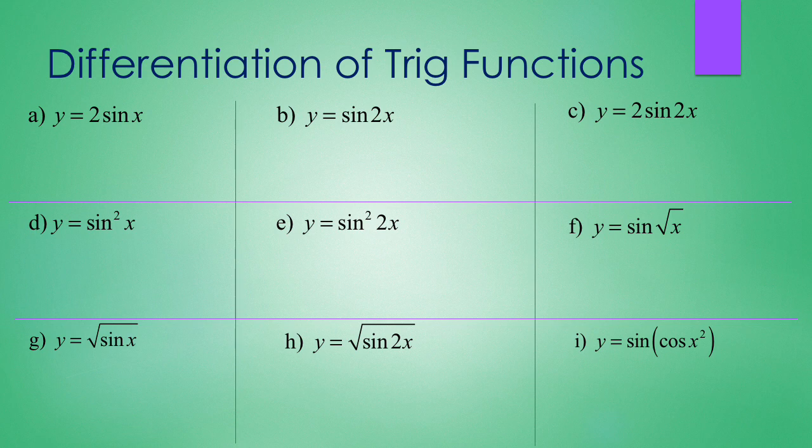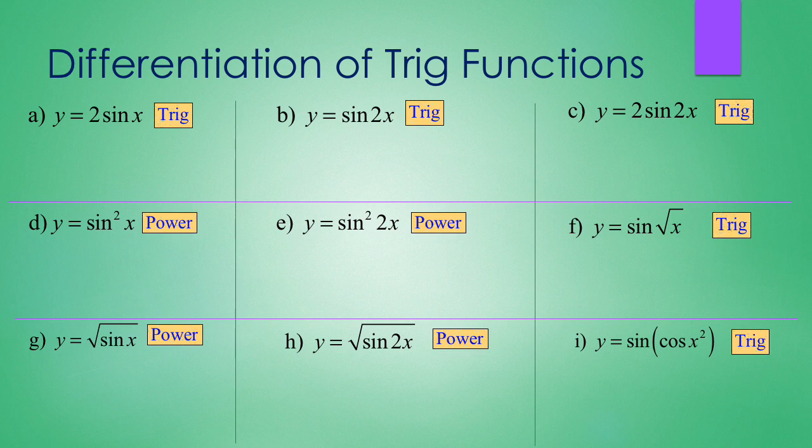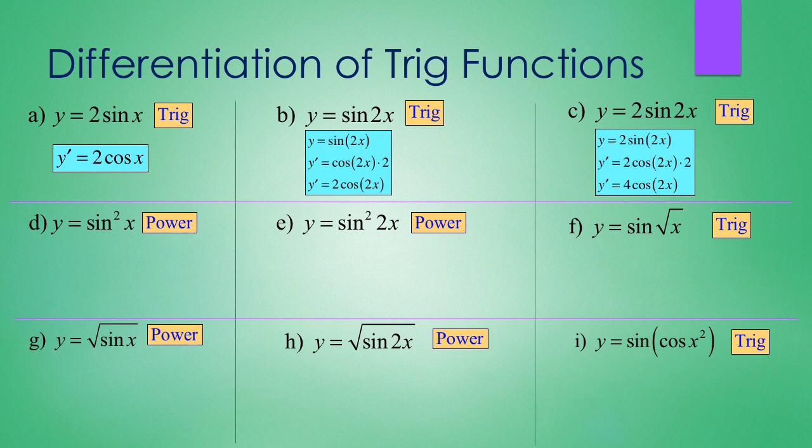First thing you should do is determine which rule you should use in order to take the derivative. And then after that, actually take the derivative of the functions, finding dy/dx. If any of your forms were wrong, they will be explained as we go through the problems.